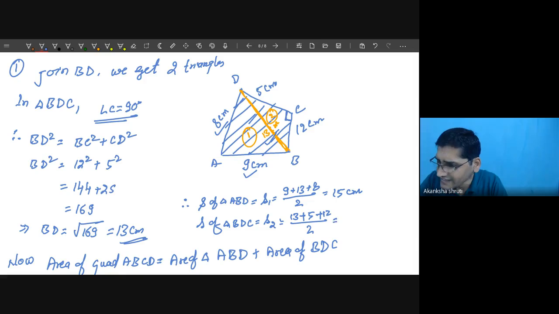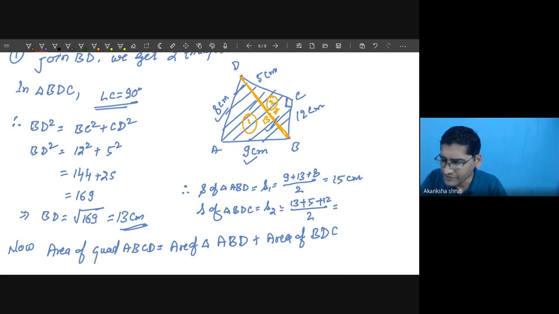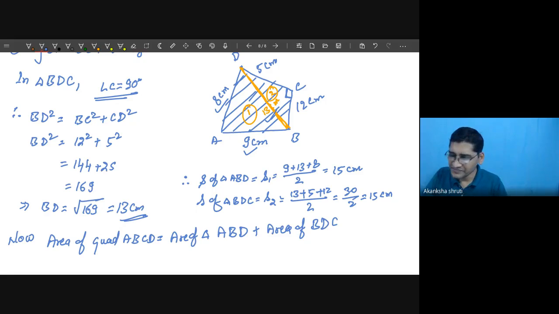These are simple calculations we need to substitute in Heron's formula. 13 plus 5 is 18, plus 12 is 30, divided by 2. Again, we are getting 15 centimeter.